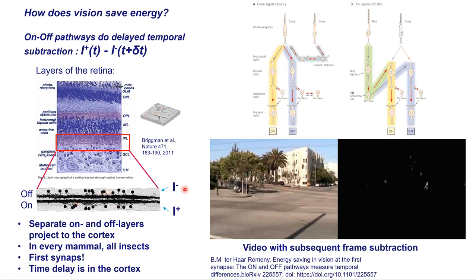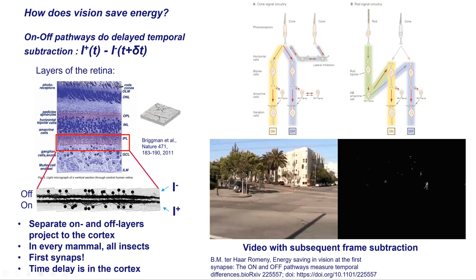So this we can call I minus, and this is I plus. It seems ridiculous to make an I minus and an I plus, because if you add them together, you get 0. And this happens in all mammals, in all insects, already at the very first synapse. So it must be quite important.